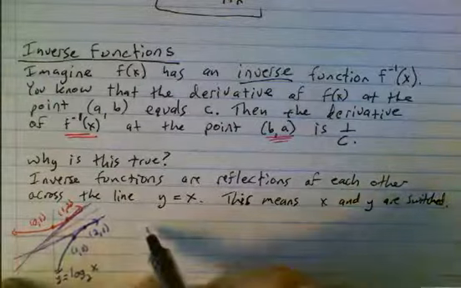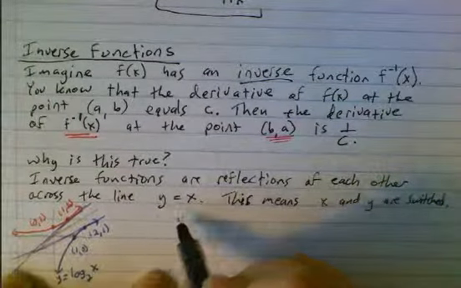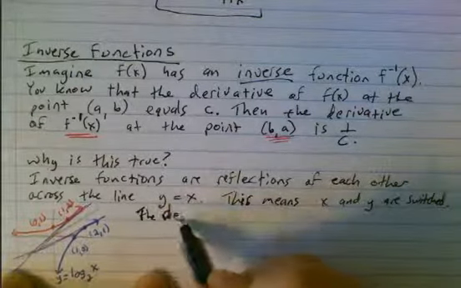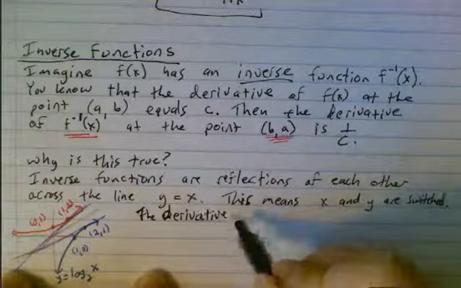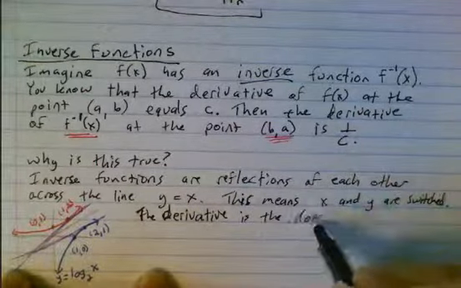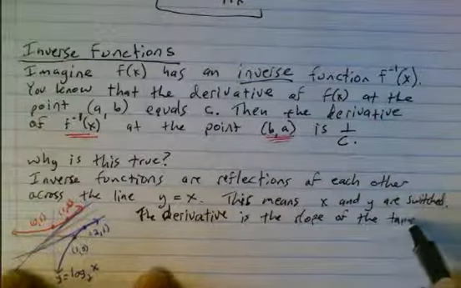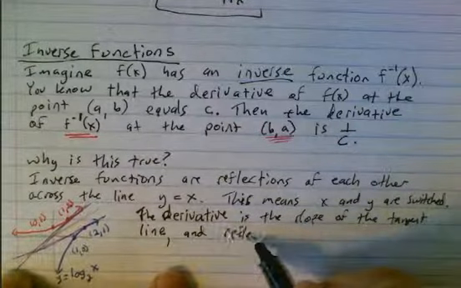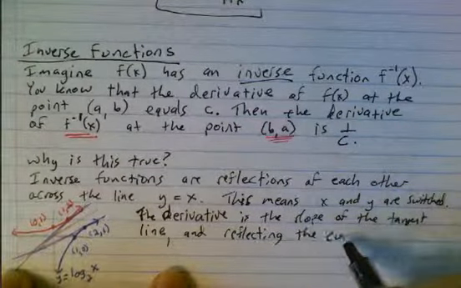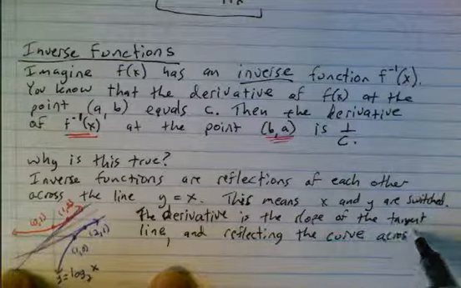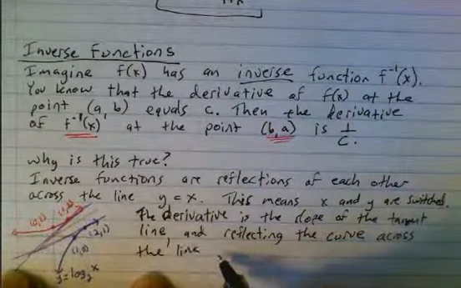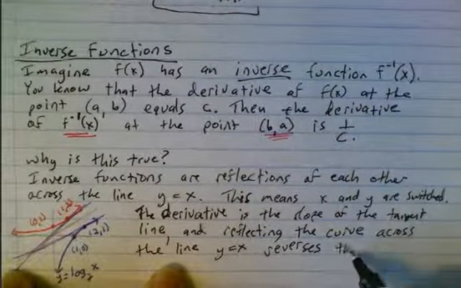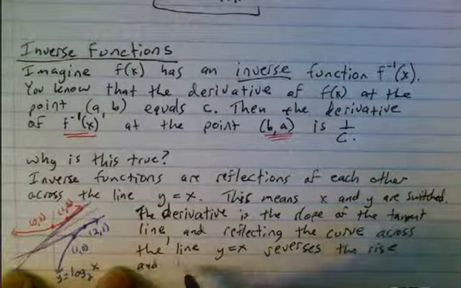So let's write that down just as a summary. The derivative is the slope of the tangent line, and reflecting the curve across the line y equals x reverses the rise and the run.